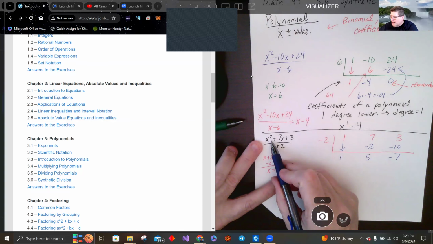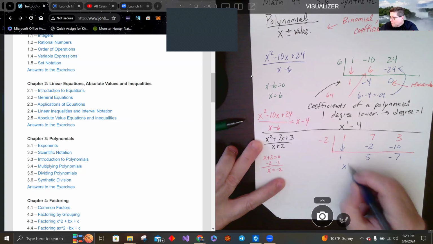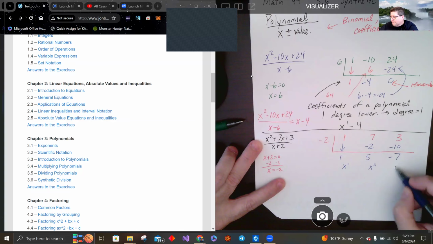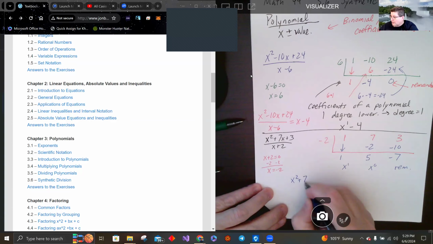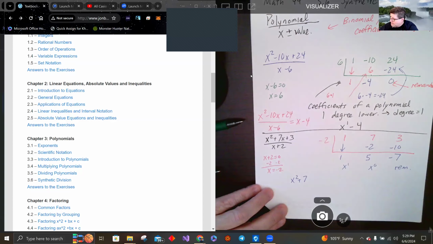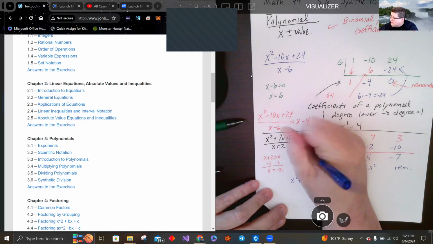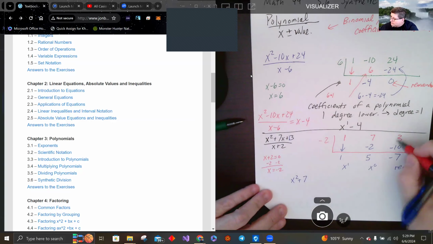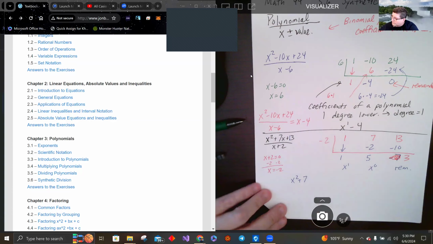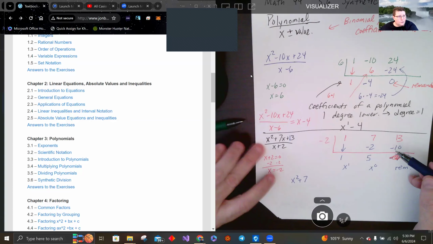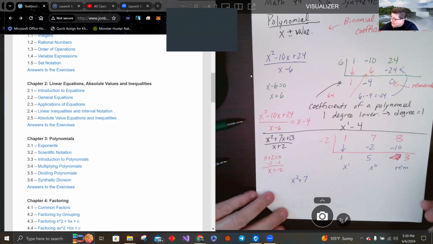This was x squared, so 1 degree lower would be x to the 0. That should say 13. I had 13 there. And this should be 3. That's what we had, x squared plus 7x plus 13.